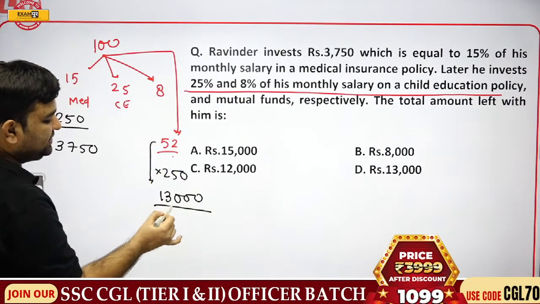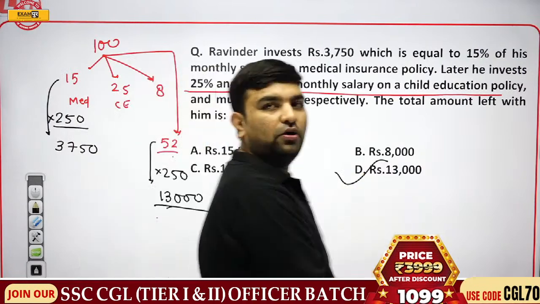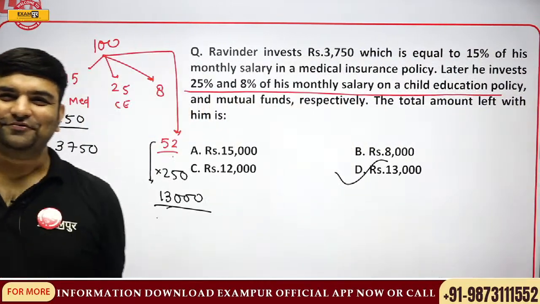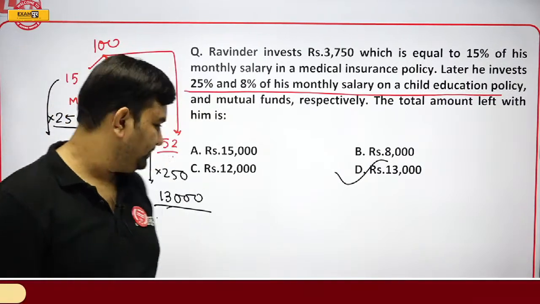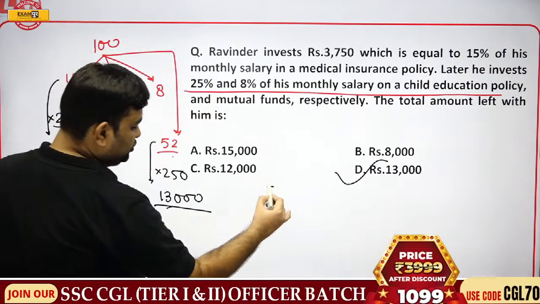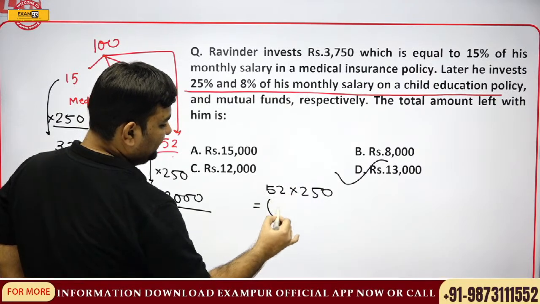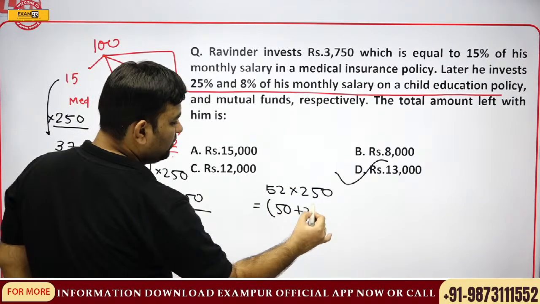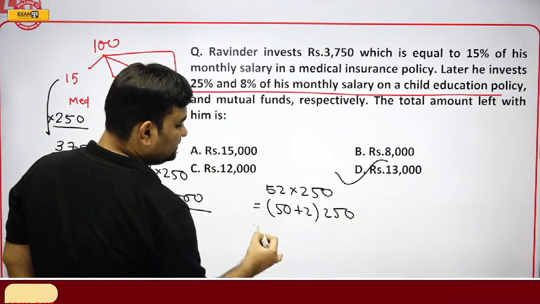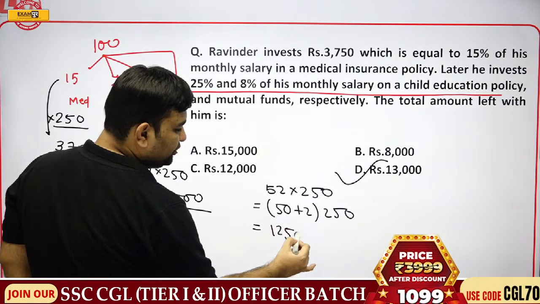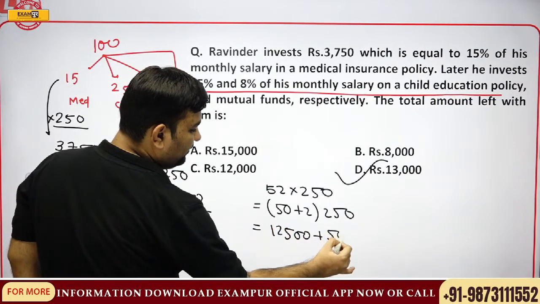Do it yourself, I have just gone on the intuition. 52 into 250, break it as 50 plus 2. 25 into 5, 125, 00. 500.